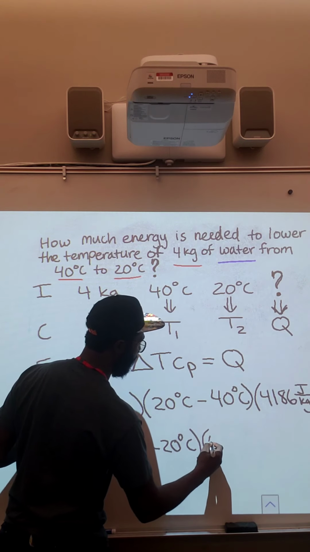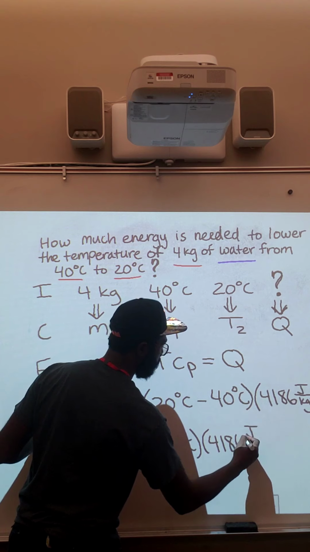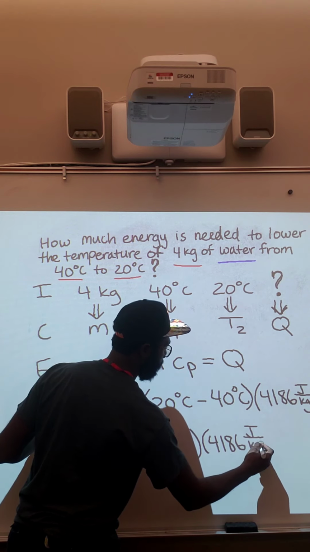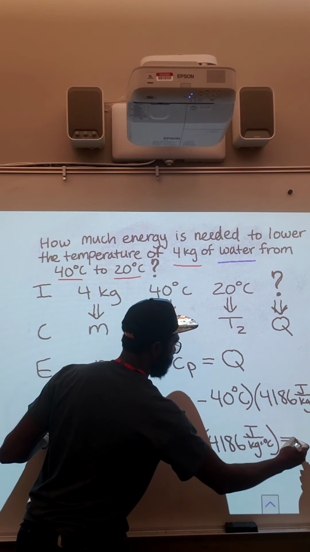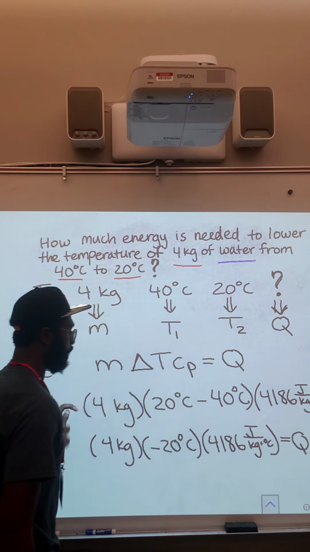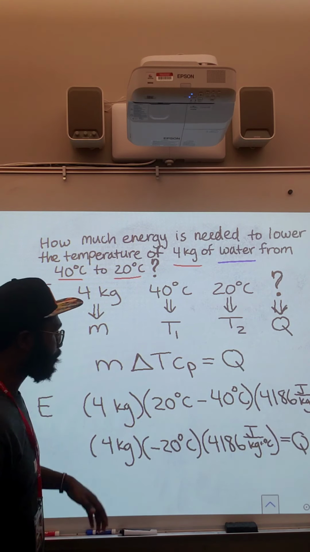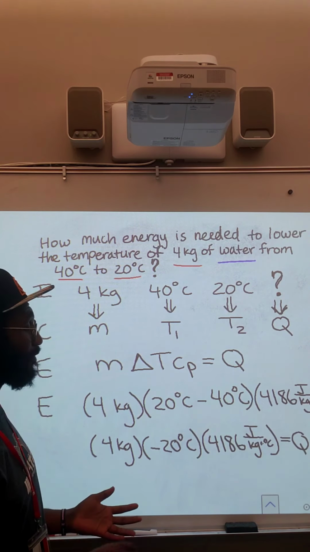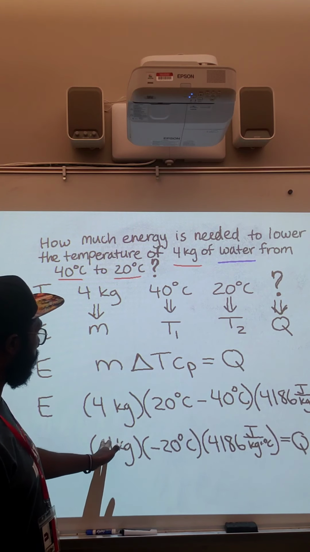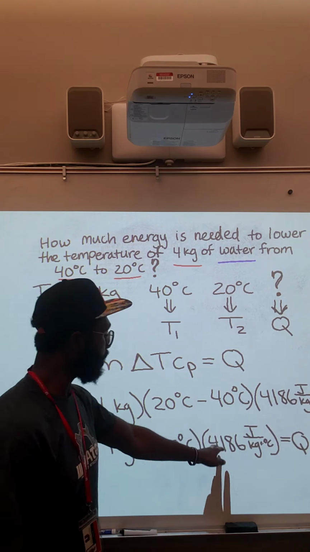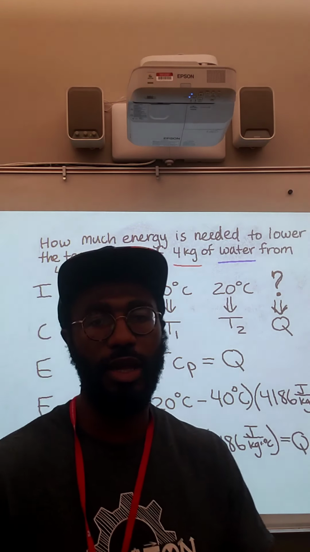And then we're going to multiply that again by 4,186 joules over kilogram times degrees Celsius, and that's going to give us our measurement of heat. Now that we've done parentheses, we don't have any exponents, and so we can go into multiplication and just multiply 4 times negative 20 times 4,186 in order to find our answer. So let's go ahead and do that.